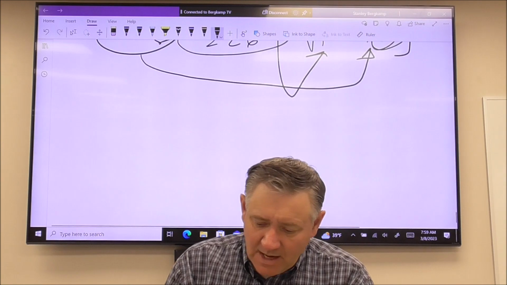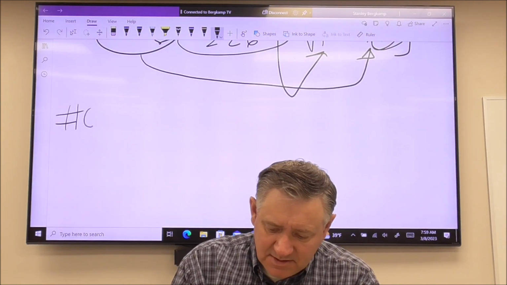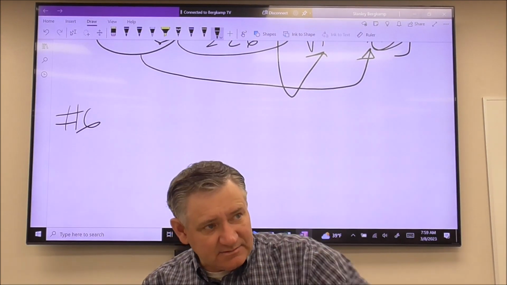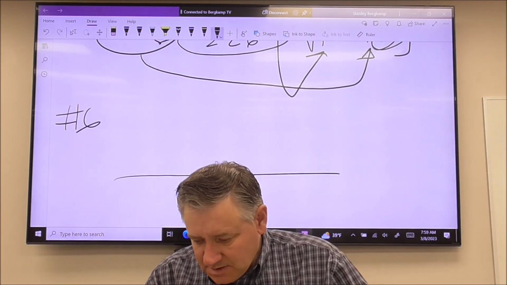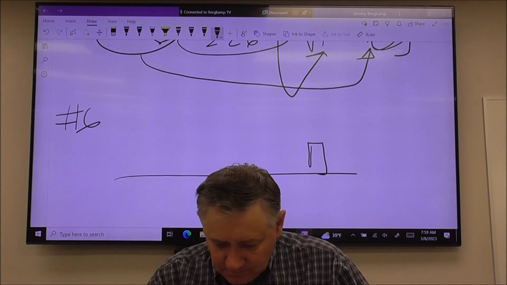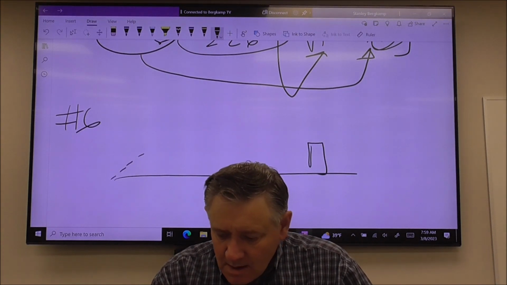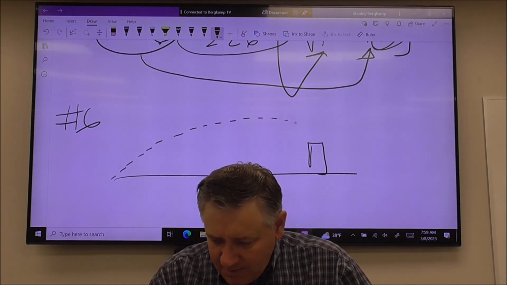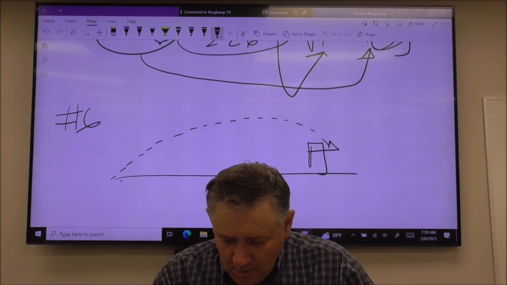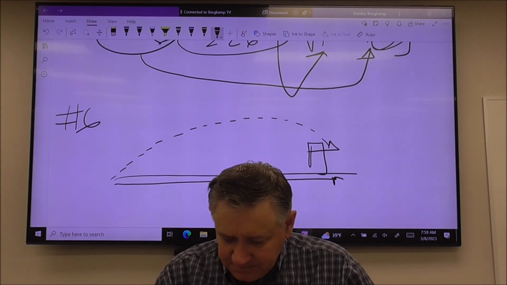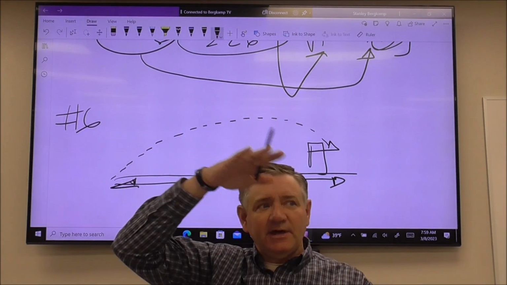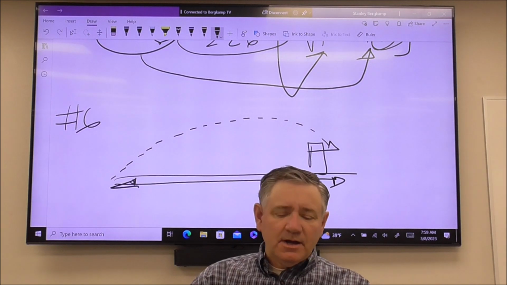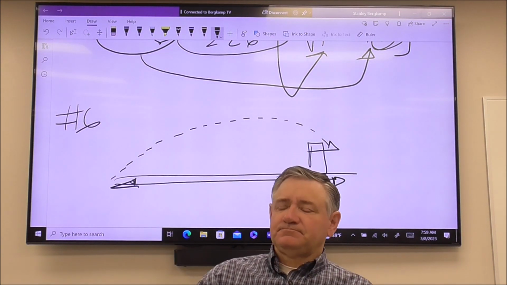Now, on number 6, we're going to take this through its entirety. Number 6 is like this big culminating problem. So here's the wall, and we want to figure out how far back we can be to shoot the paintball, and it's just going to clear the wall. Now, think this through.